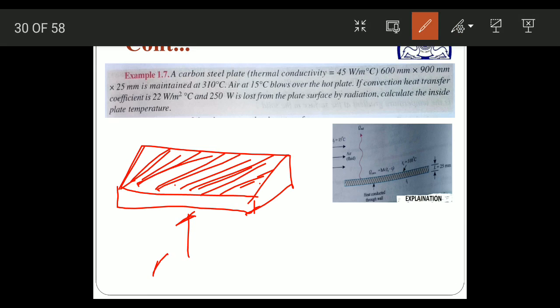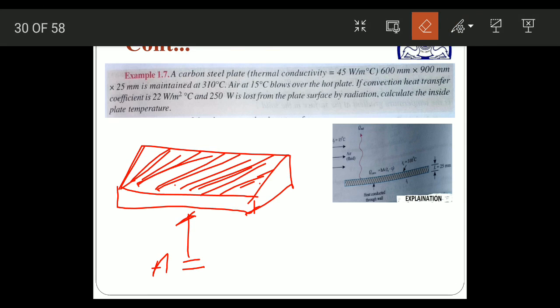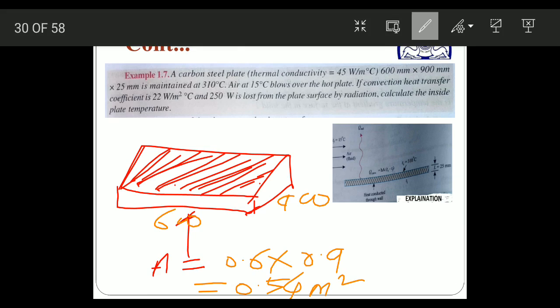And which is that area? This length is 600 and this length is 900, so 0.6 into 0.9, that will be 0.54 meter square.